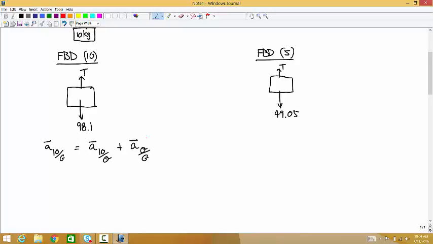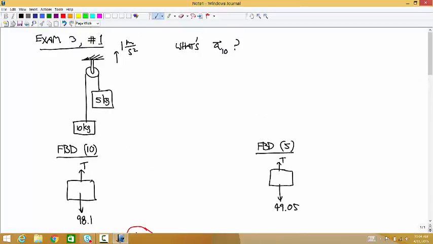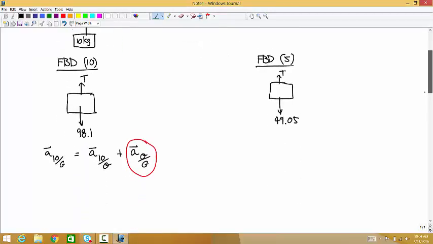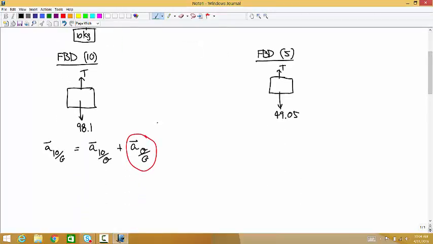And the acceleration of the origin relative to the ground, since I'm using a coordinate system moving with the pulley, is the one that's 0, 1. That's given. The acceleration of the 10 relative to the origin, I'll call that 0, A10 for now.